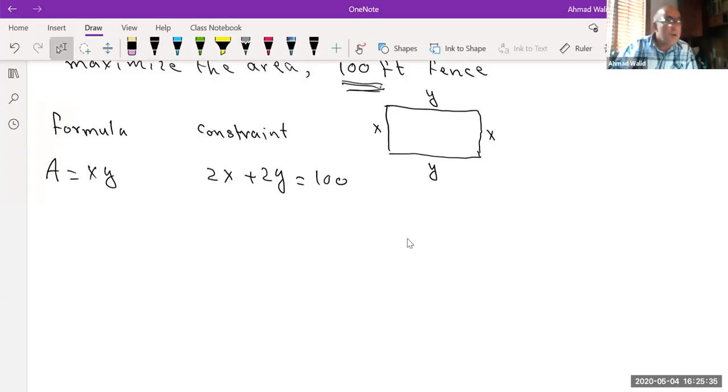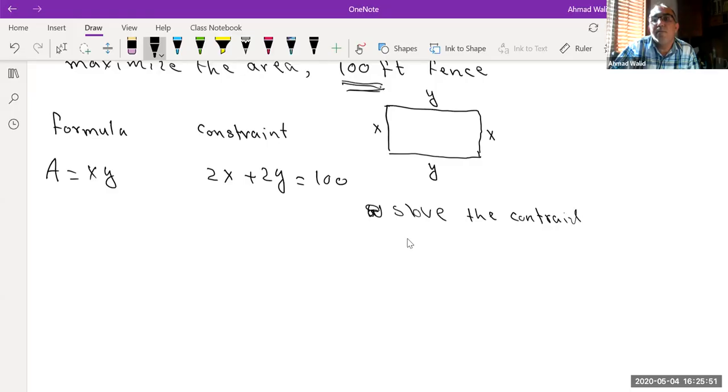Usually what we do, we solve the constraint for a variable and substitute into the formula.